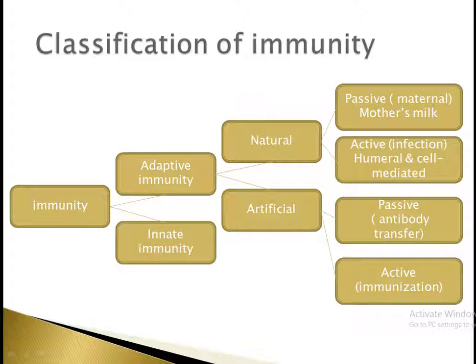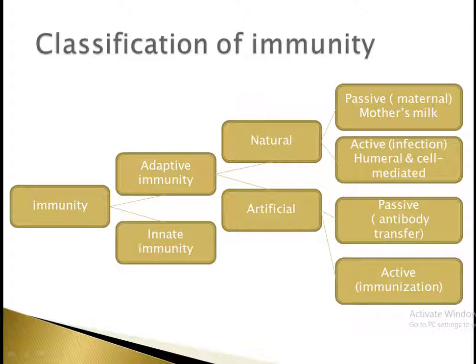According to it, immunity is divided mainly into two categories: innate or natural, and adaptive or acquired immunity. This acquired adaptive immunity is further subdivided into natural and artificial. Each one is further subdivided into passive and active.